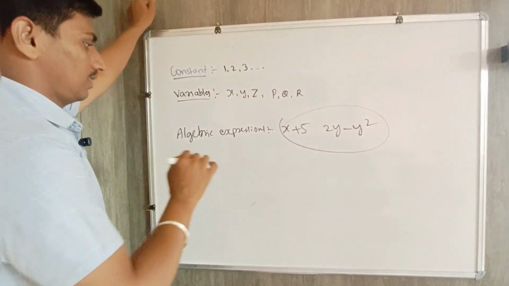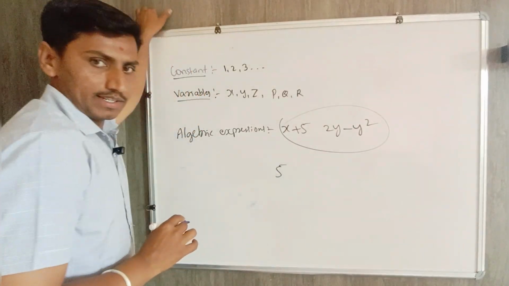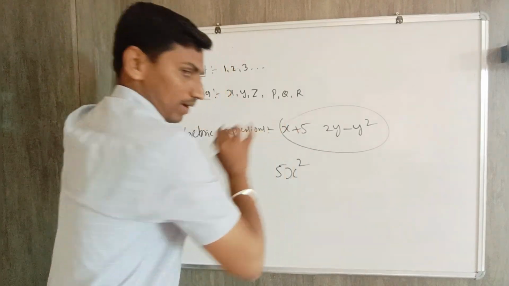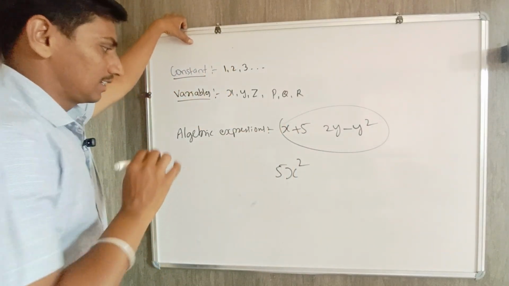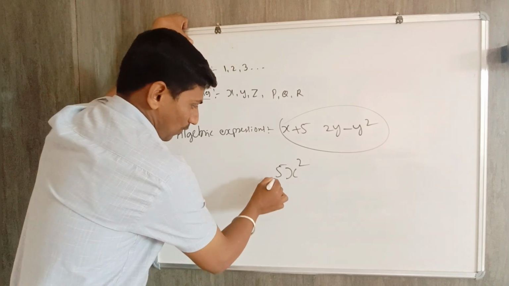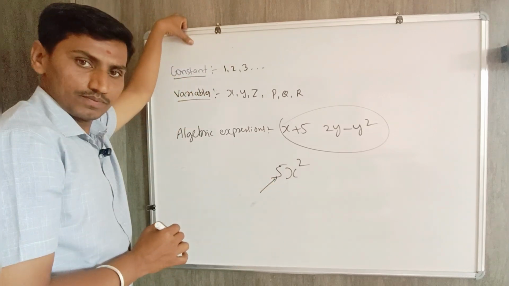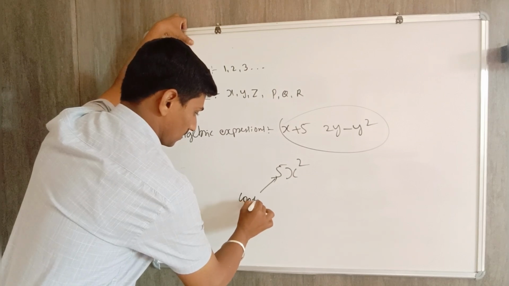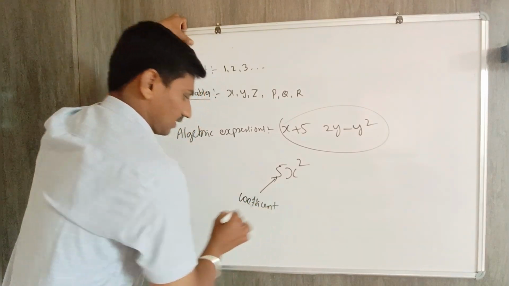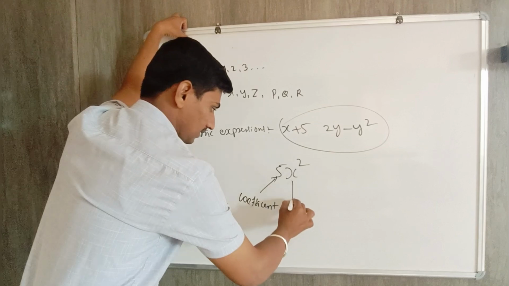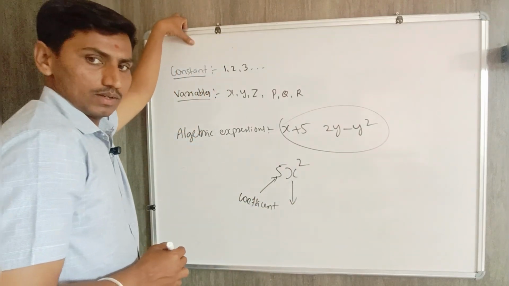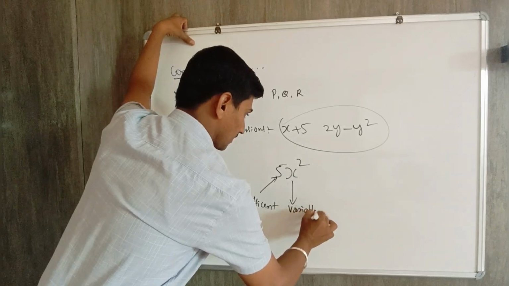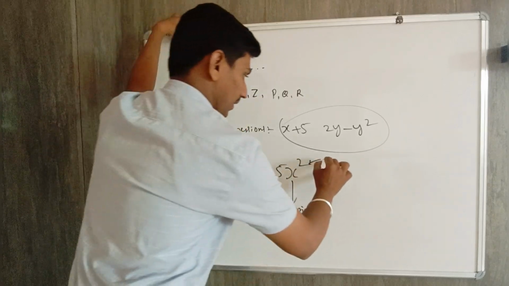Now see, one constant, one variable, one power. Now tell me, what do you call this one? It is called coefficient. And this one, variable, and this one, power or degree.